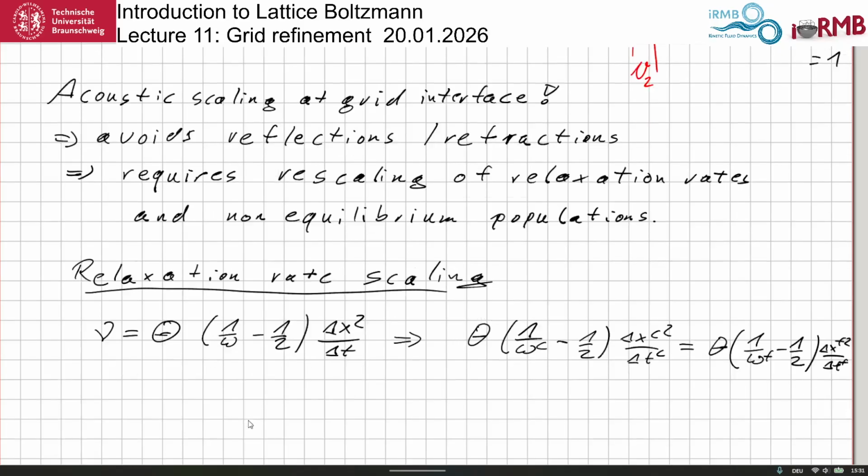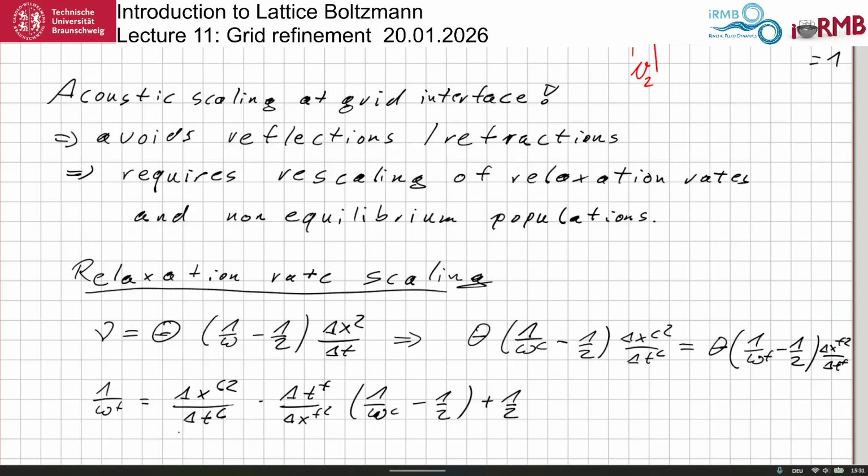So this you can rewrite as 1 over omega fine is delta x coarse squared divided by delta t coarse times delta t fine divided by delta x fine squared, times 1 over omega coarse minus 1/2, plus 1/2.